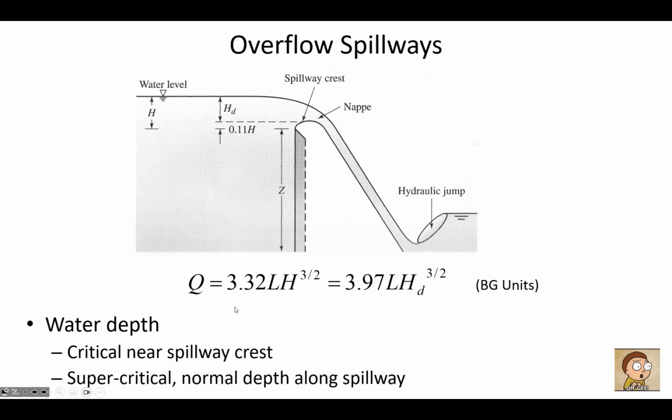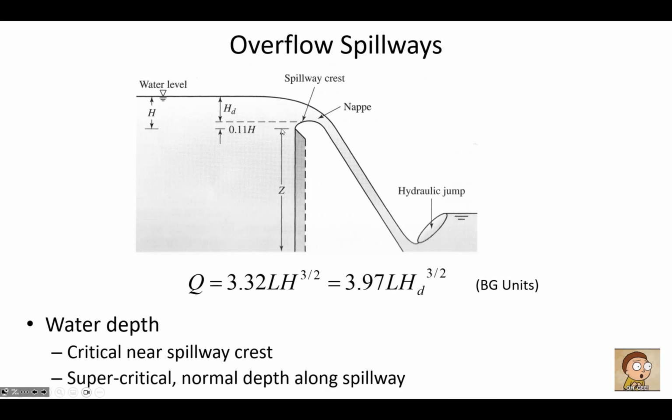The conversion factor or the empirical observation factor that brings it all together is the coefficient in front of it. So you can see that the formula could either be in terms of H, capital H here, which is the height above this theoretical sharp-crested weir to the water level upstream before the drawdown occurs.